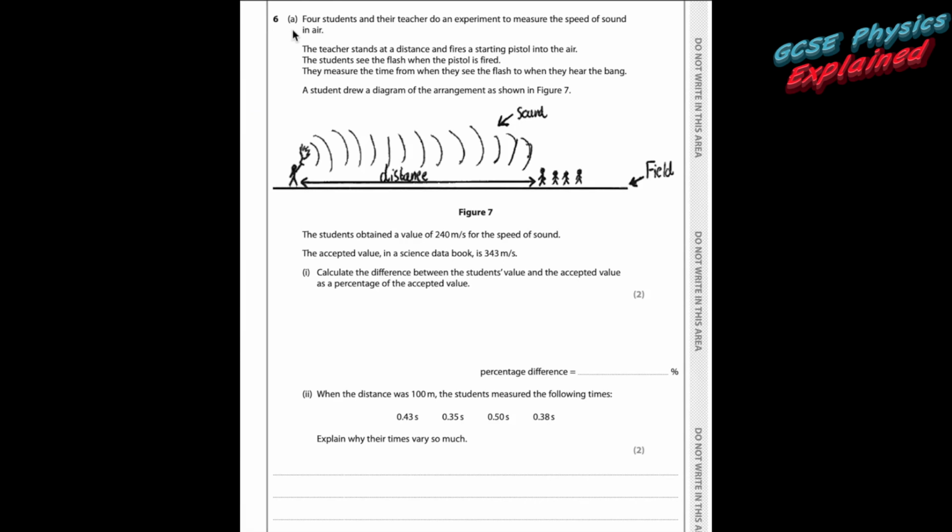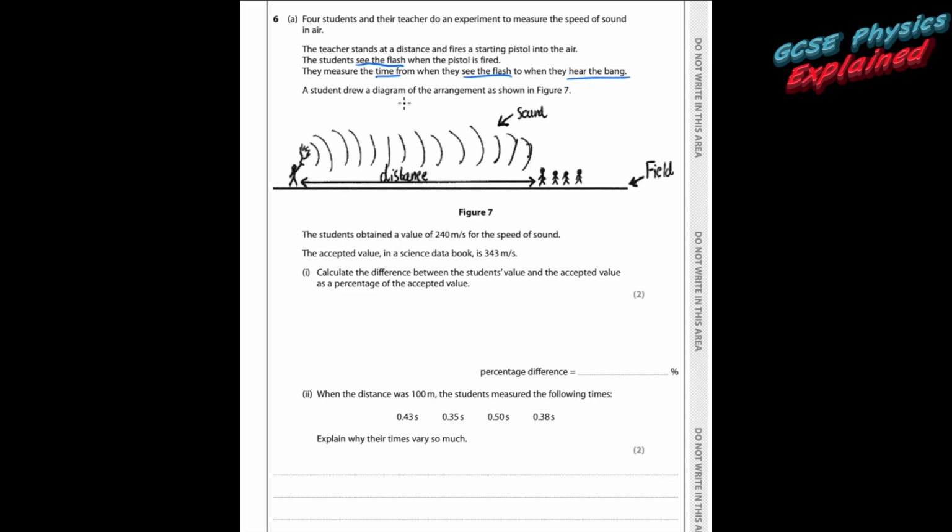Question 6, Part A. 4 students and their teacher do an experiment to measure the speed of sound in air. The teacher stands at a distance and fires a starting pistol into the air. The students see the flash when the pistol is fired. They measure the time from when they see the flash to when they hear the bang.